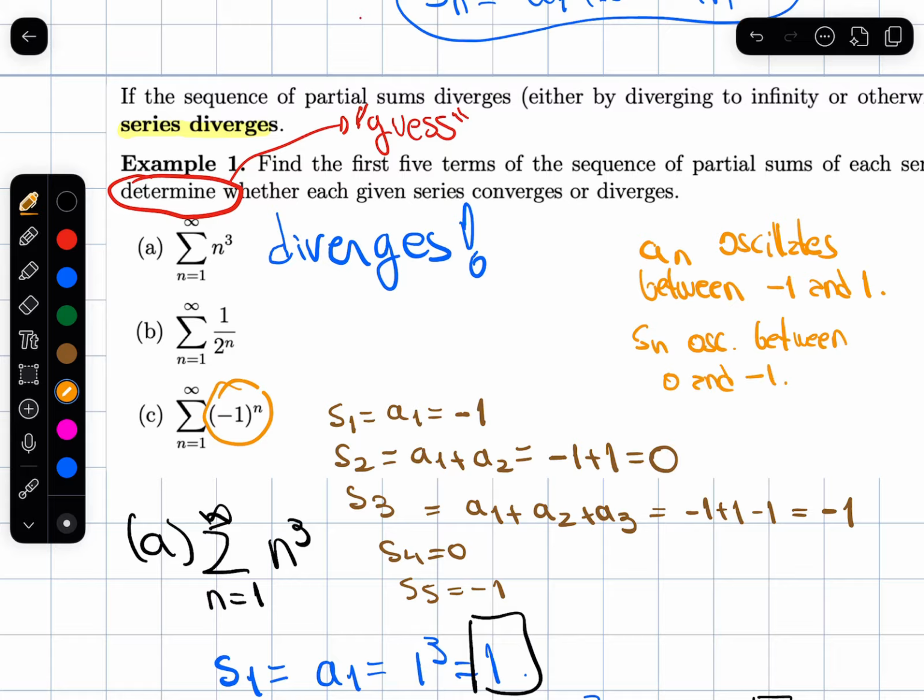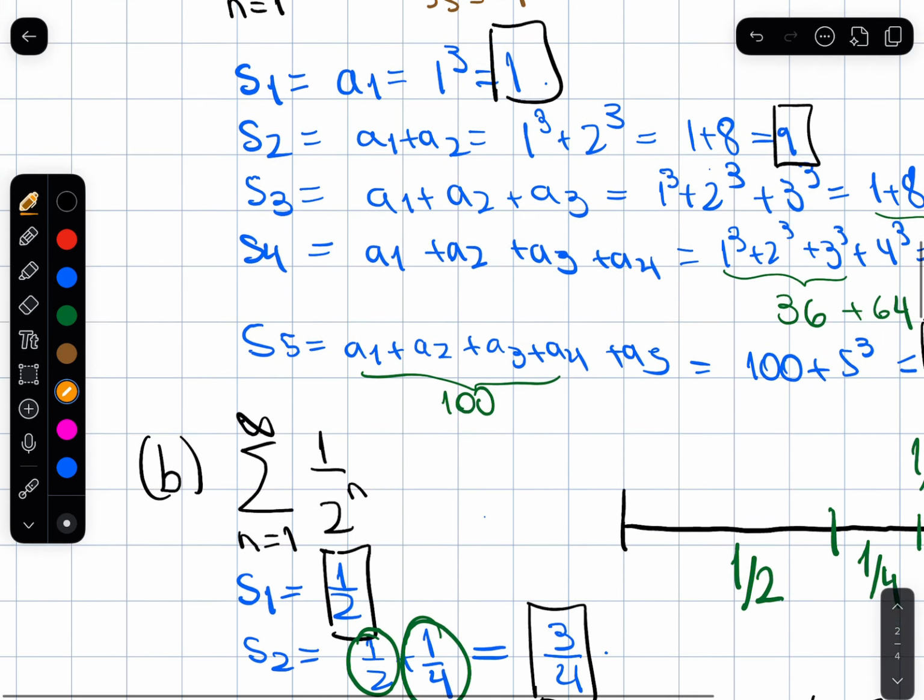So they can't converge. The series diverges. You can be convinced of that if you need to think a little more, but that's the idea.